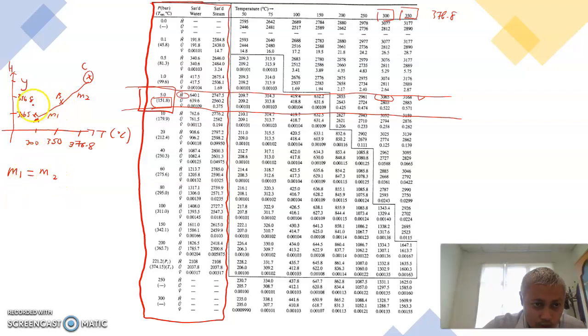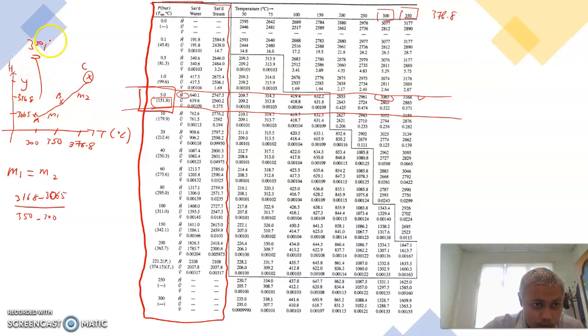M1 is 3168 minus 3065. We have learned how to find gradient in secondary school. So we have 350 minus 300, because the first point A is 300.